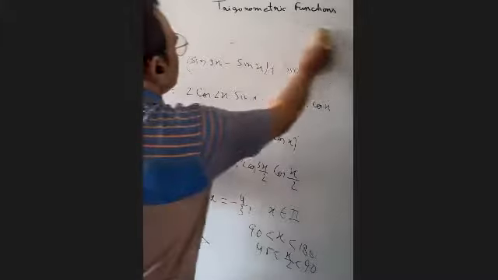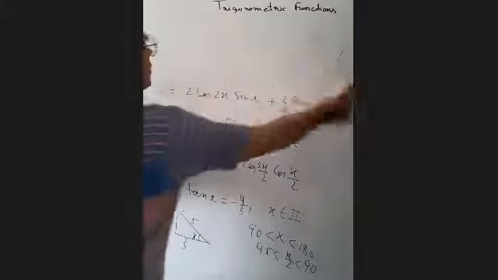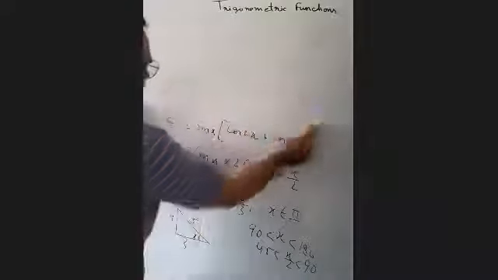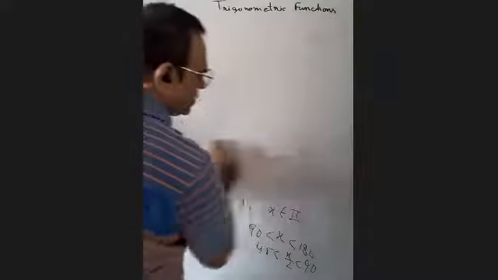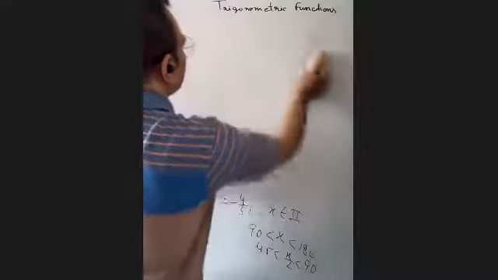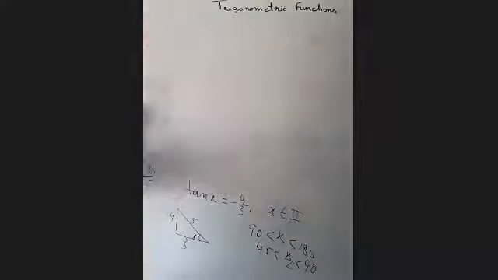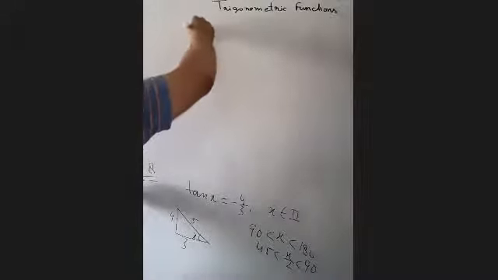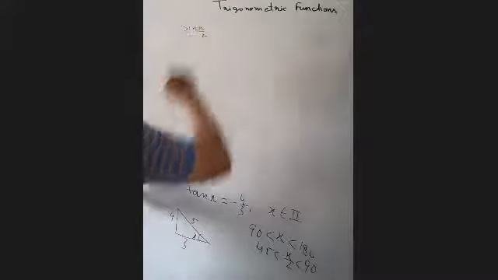Now we have to find the value of sin x by 2. देखो बेटा, our aim is to find the value of sin x by 2 and cos x by 2.